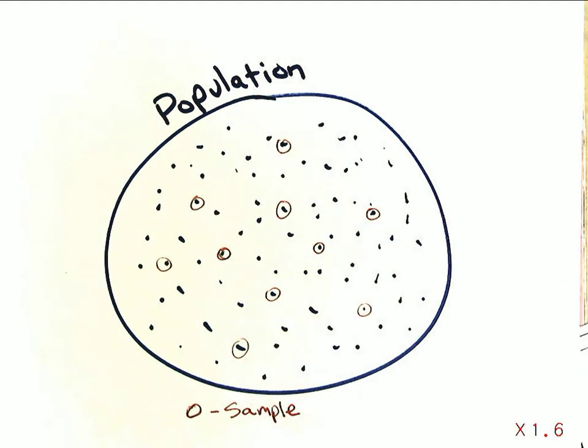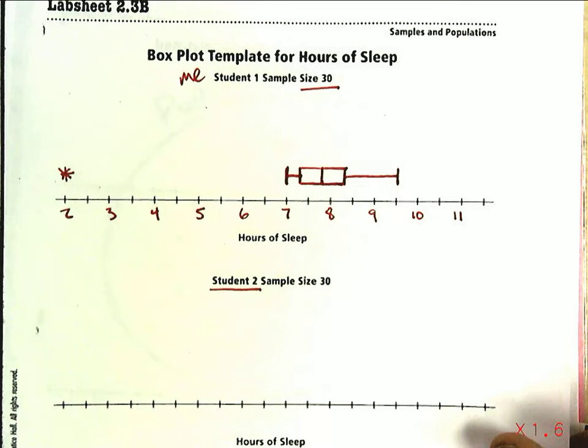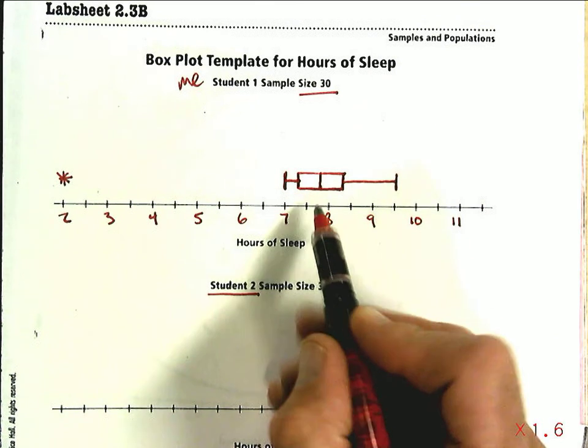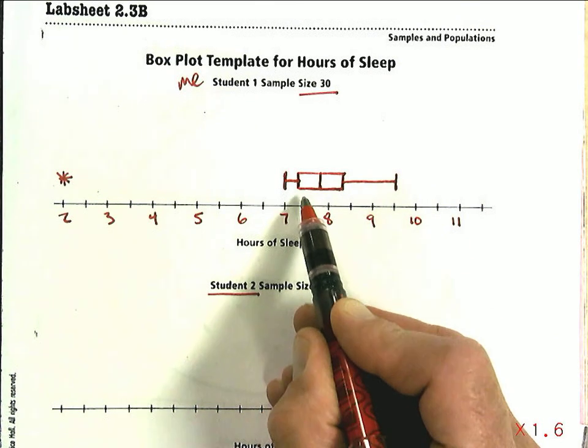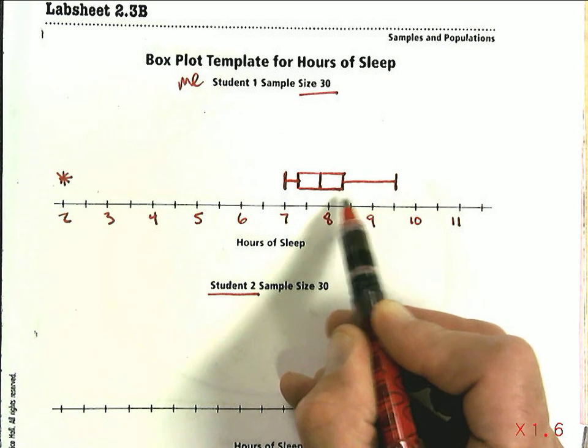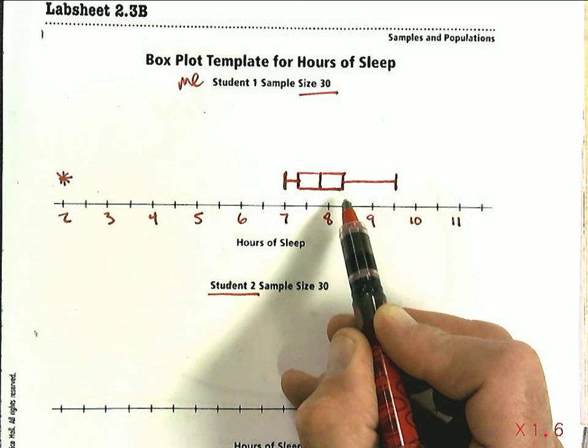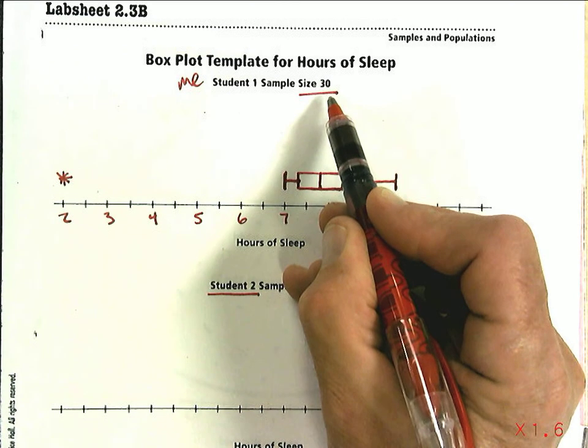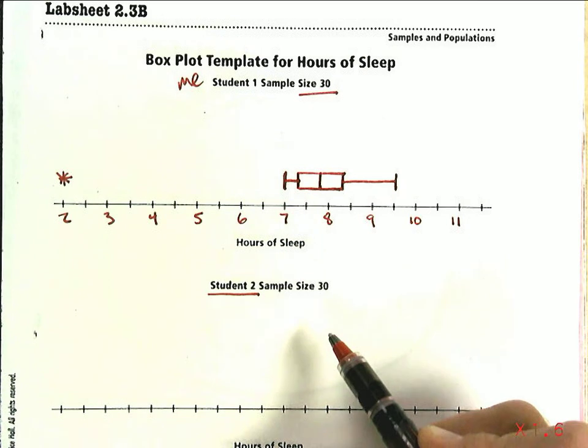In this case, I think I can predict pretty safely from my results and from the results I've seen from others that most people are getting between 7 and 8, a little more than 8 hours of sleep a night. And so my sample size is pretty good at predicting that for the whole entire group.